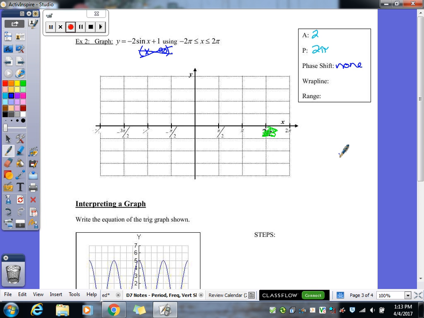We do have a wrap line this time at y = 1. What would our range be? -1, 3. Pretty sure it was -1, 3.